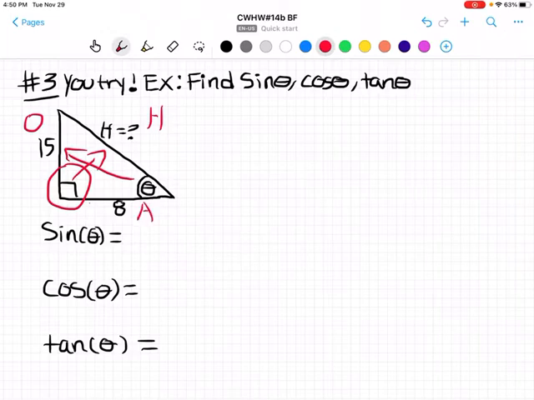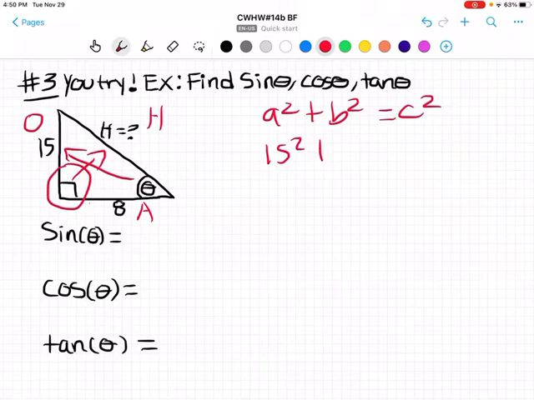In this part, we have to remember our formula of the Pythagorean theorem, which is a squared plus b squared equals c squared. And just solve the problem, which is 15 squared plus a squared equals c squared, which we don't know, which is your h.